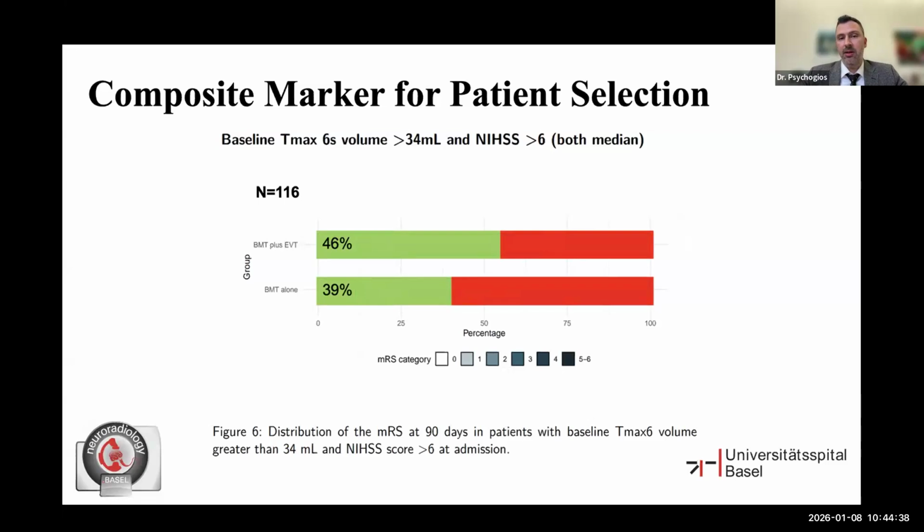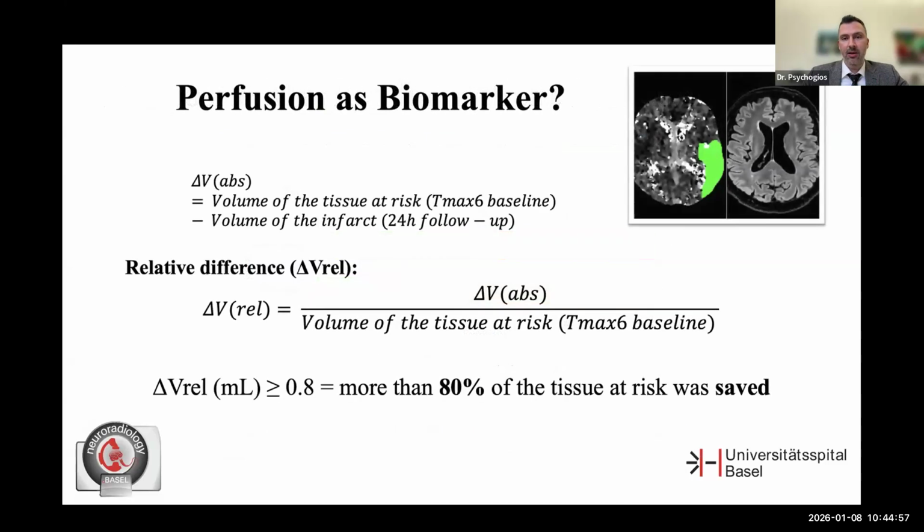And of course, that's lower than what we calculated for in the DISTAL trial with 20%. But still, I think if we have a large patient population with such a group, we can then show that thrombectomy is actually useful for MeVO patients and DVO patients, right? So again, this is something to consider for selecting our patients.